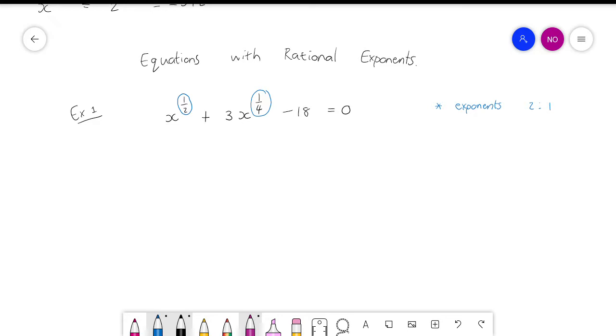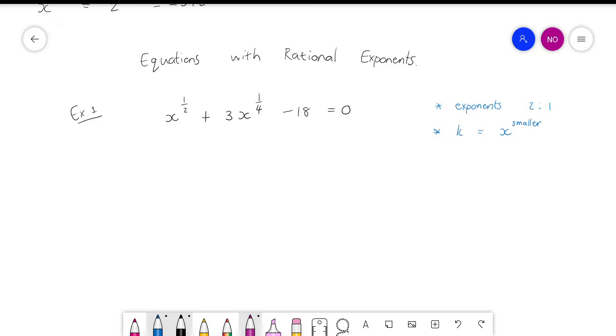Now, I'm going to show you a method that I prefer. But if you have extra classes somewhere and they do another method, use that one. Okay? So use whatever you feel comfortable with. But they call this the K method. Set K equal to x to the power of the smaller of the two exponents.